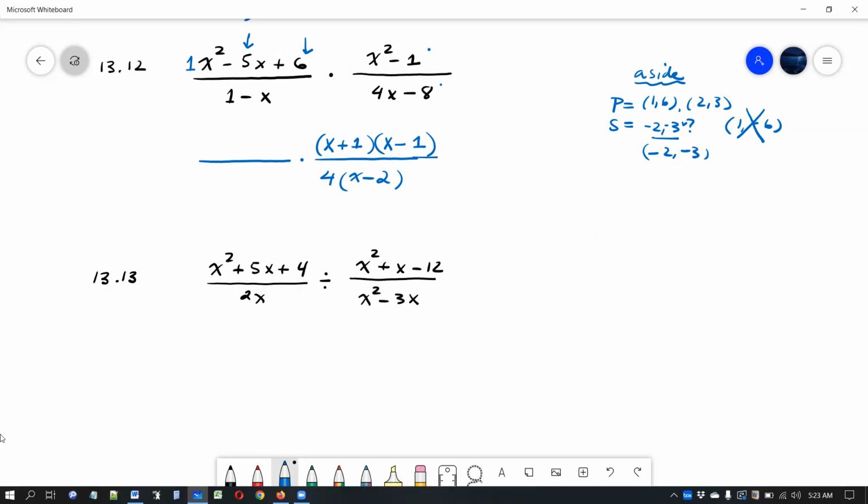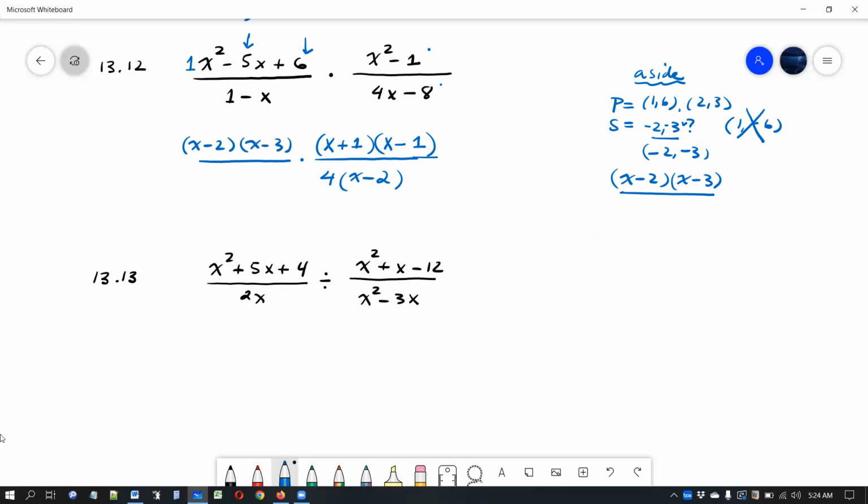You can always check. Okay, in this case, it turns out that the pair that we're looking for is -2, -3. Once you find the pair, all you have to do is write the trinomial in this form, and you're done. So the x squared minus 5x plus 6 is x minus 2, x minus 3.